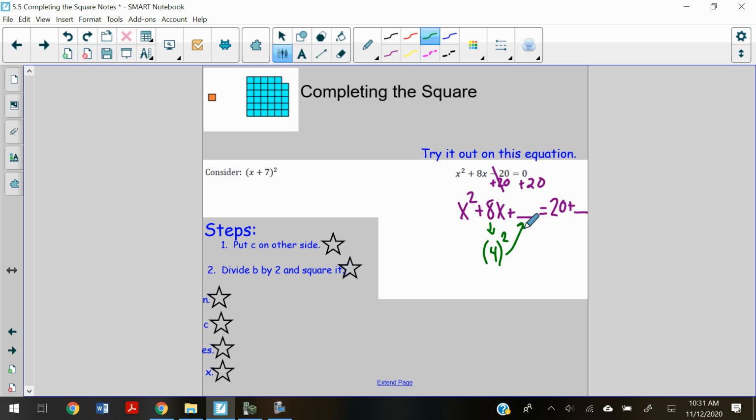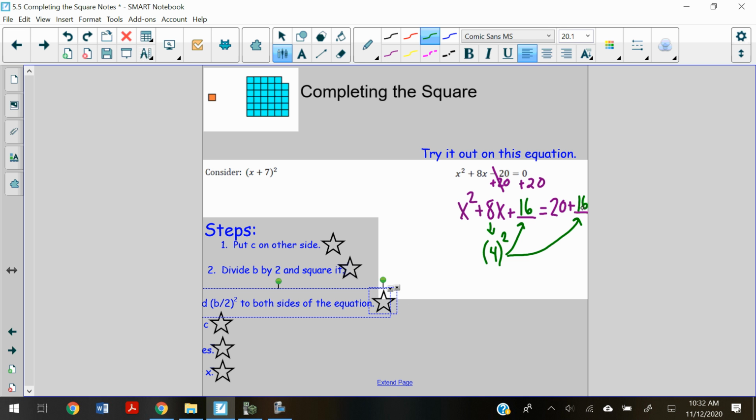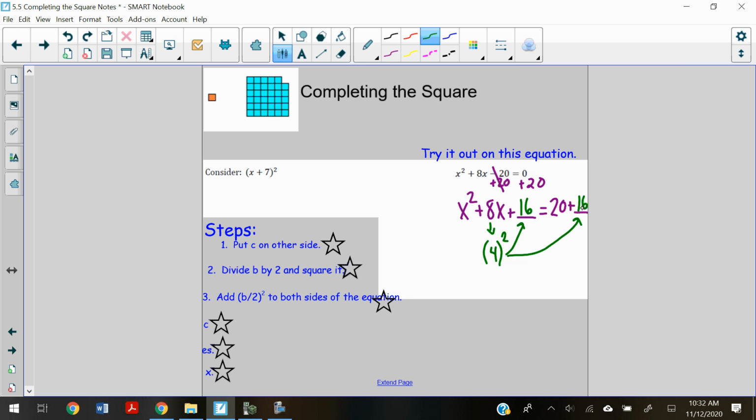And I square it and I add it to each side so it gets put into those blanks. All right, step 3. It says, oh, there's the add part, sorry. Here's our add b to both sides of each side.